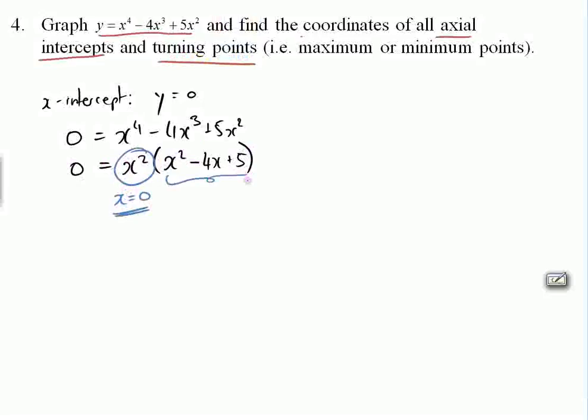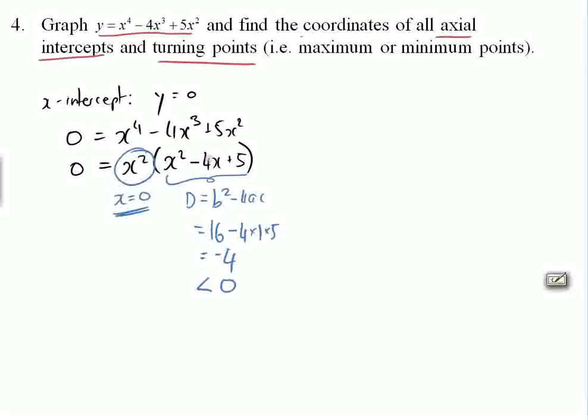What about this set of answers? What can we get from that? Well, if you test the discriminant, b squared take 4ac, B is negative 4, so b squared is 16 minus 4 times 1 times 5. This is equal to negative 4, which is less than 0.